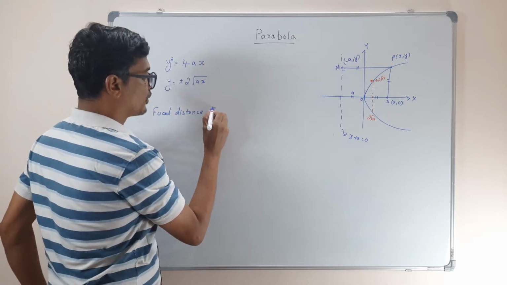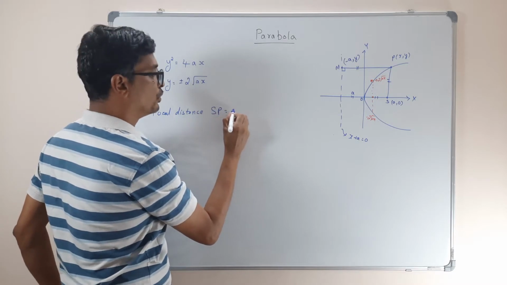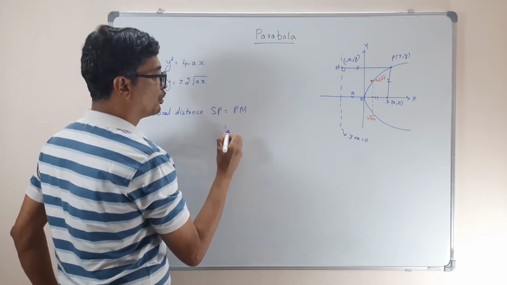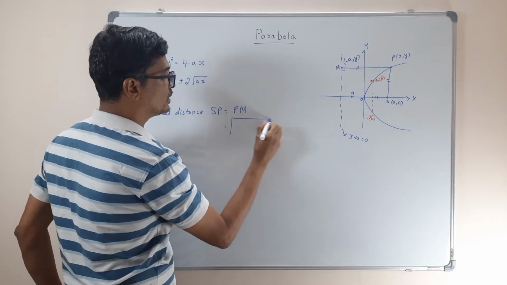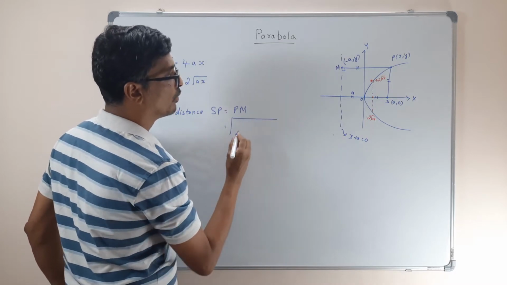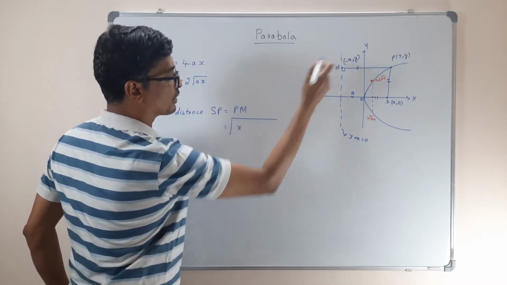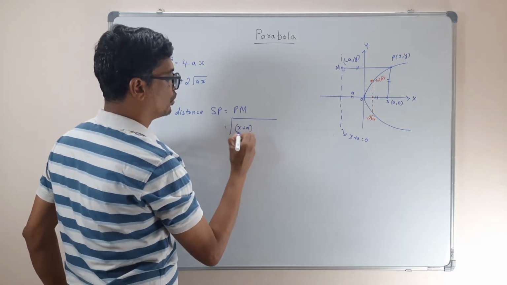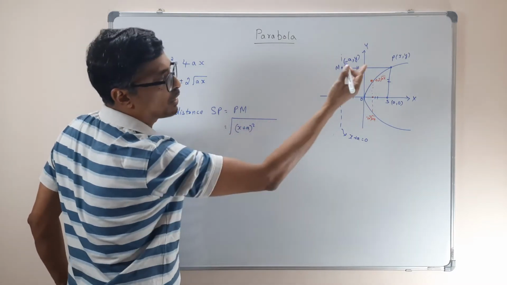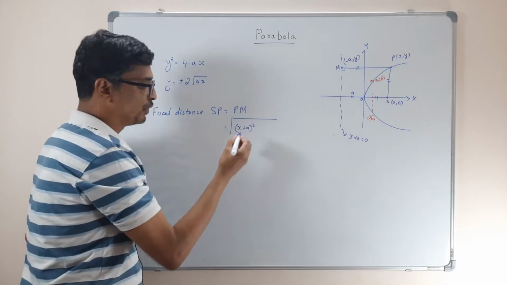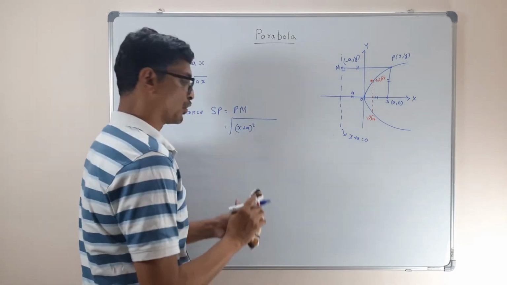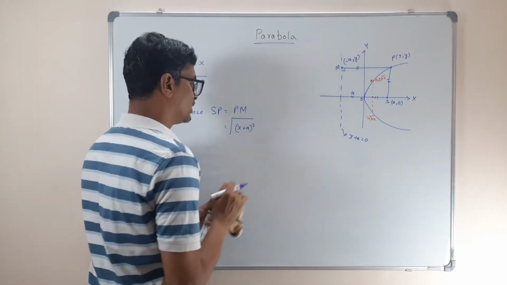SP is equal to PM, and that will be equal to what? Tell me the distance. X plus a whole square, plus y minus y, that is 0, right? So x plus a whole square, correct?